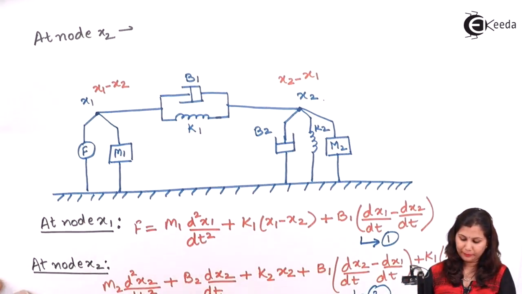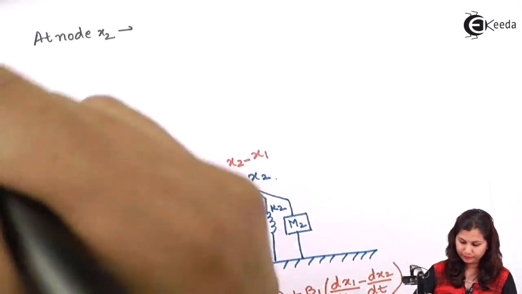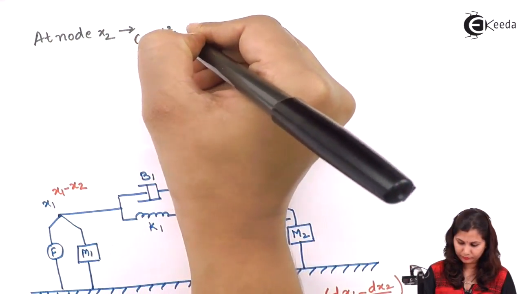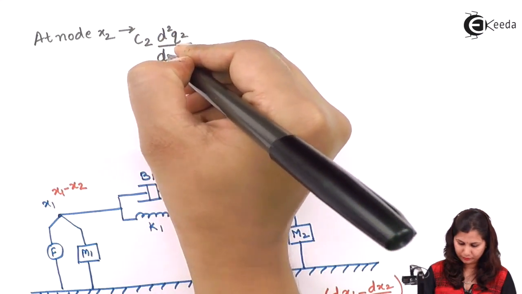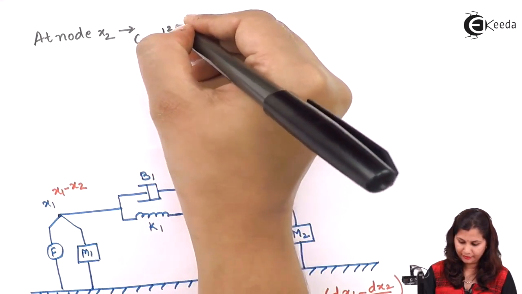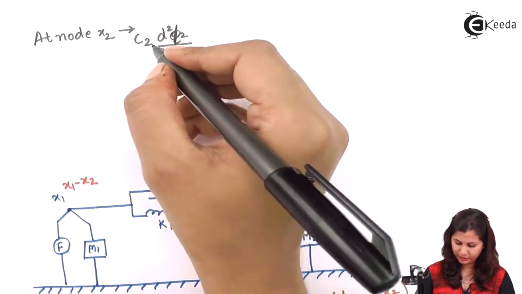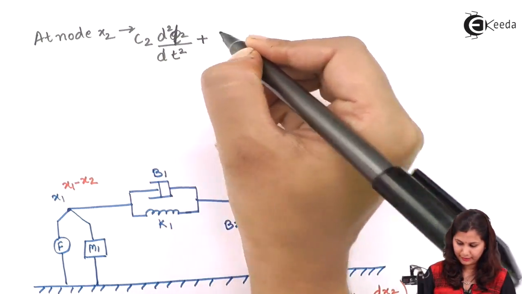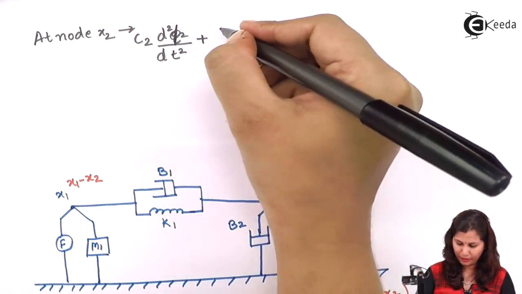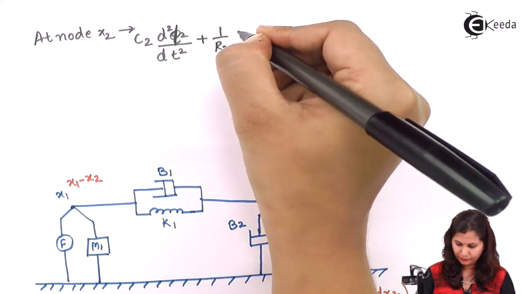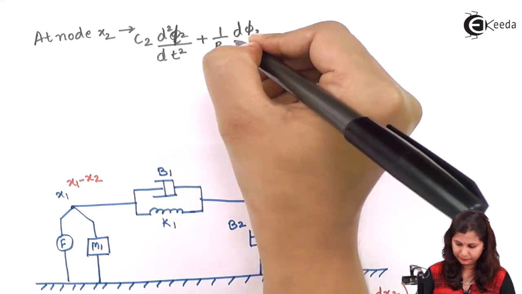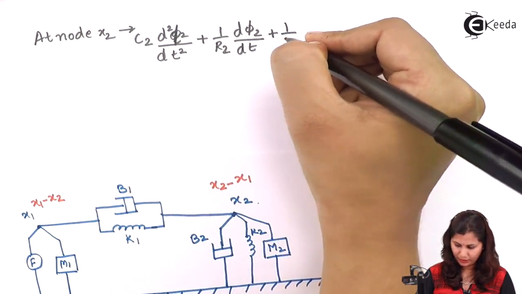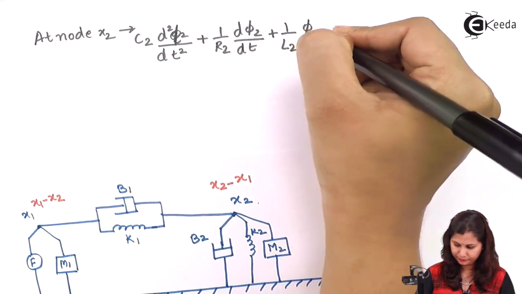So m2 will be replaced by c2, sorry, we have phi here. Okay, so phi will be there, d2 phi2 by dt square plus b2 will be replaced by 1 upon r2, K2 will be replaced by 1 upon L2.